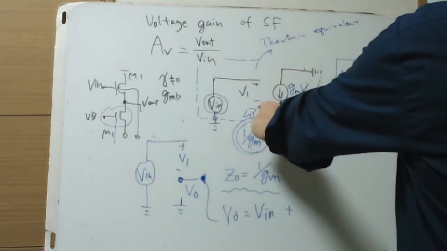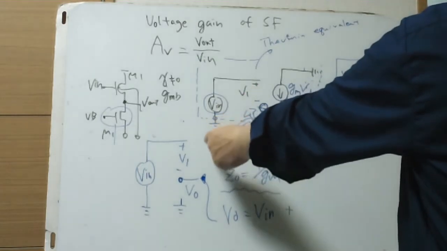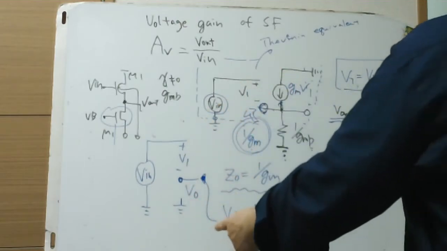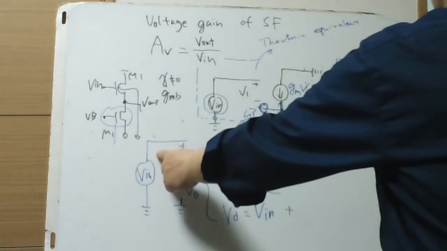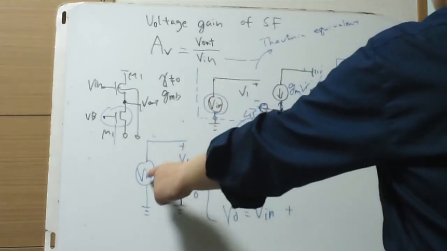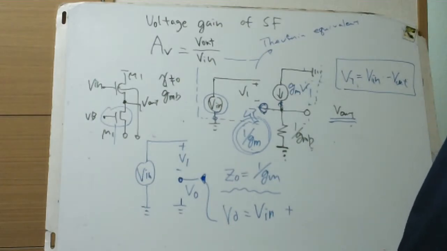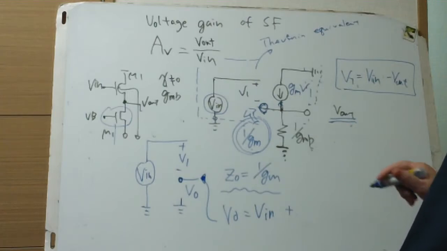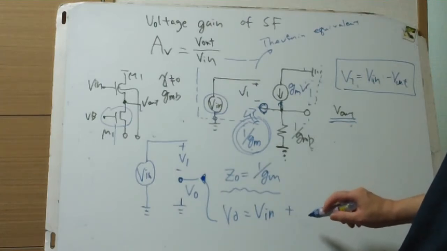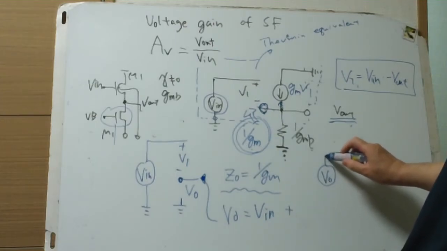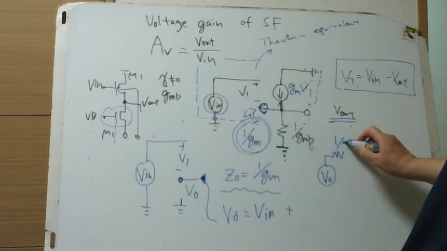The voltage looking here from this port to the ground is VO, must be VO for the Thevenin equivalent, and it's Vin minus V1. But why Vin minus VO equals VO and 1 over GM?